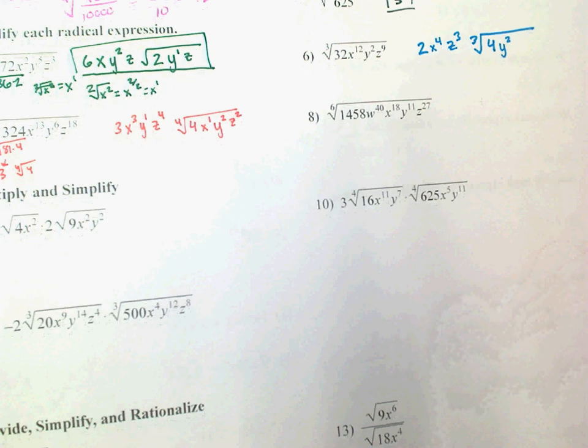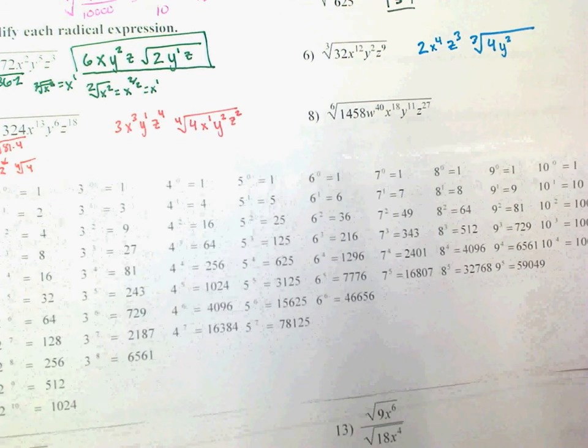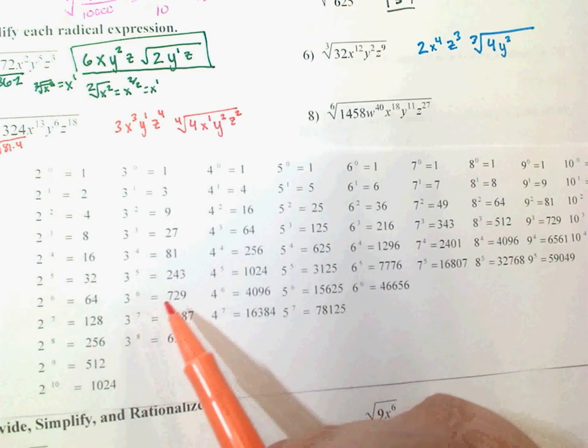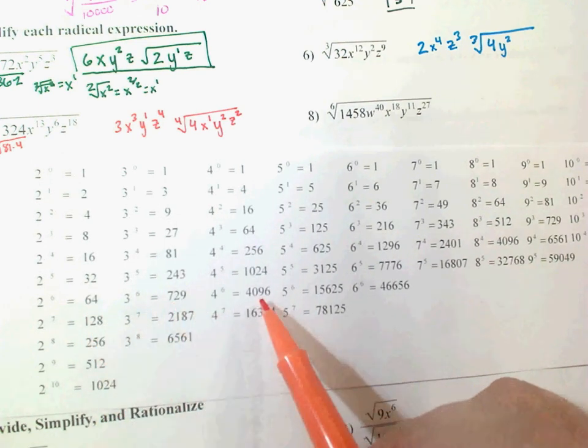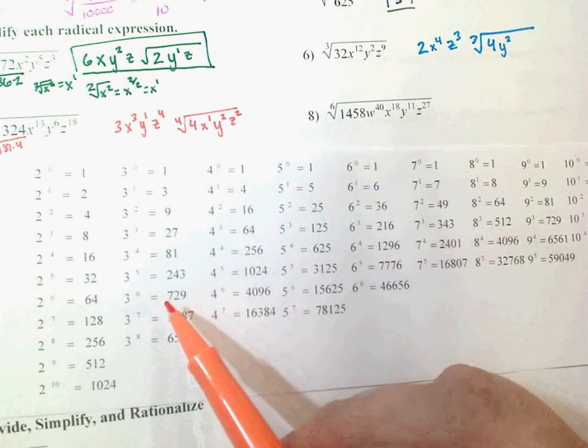Number 8 says the 6th root of 1,458, and then all of those variables, so let's go with powers of 6. So, 64, 729, 4,096. Okay, 4,096 is too large. 1458 is in between here. So I've either got 729 or 64.